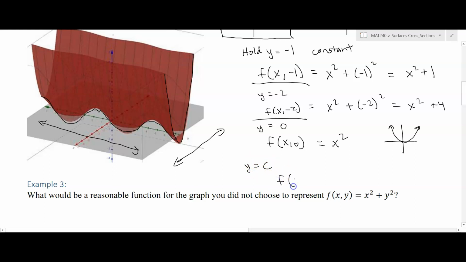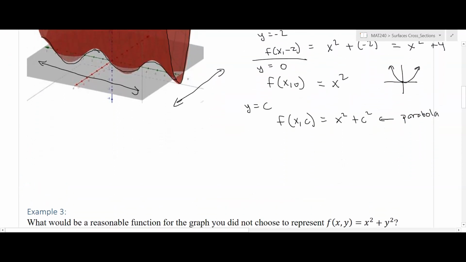Now, in general, if I held y equals c, so just pretend that this is some number, then what I'm going to get is x squared plus some constant squared. And we can see that this is always a parabola. And we could do the exact same thing for holding x constant.